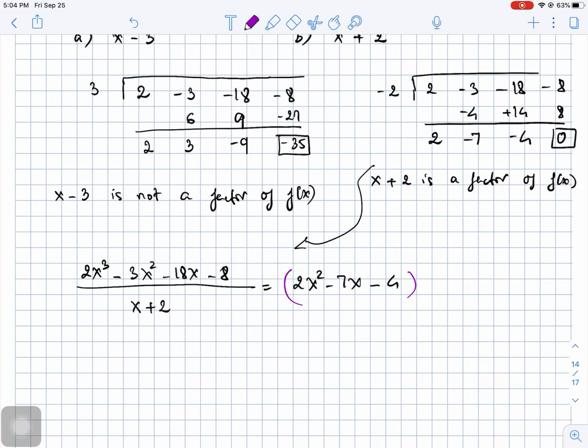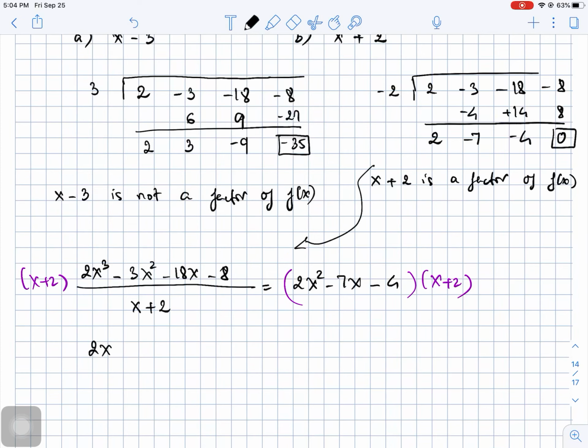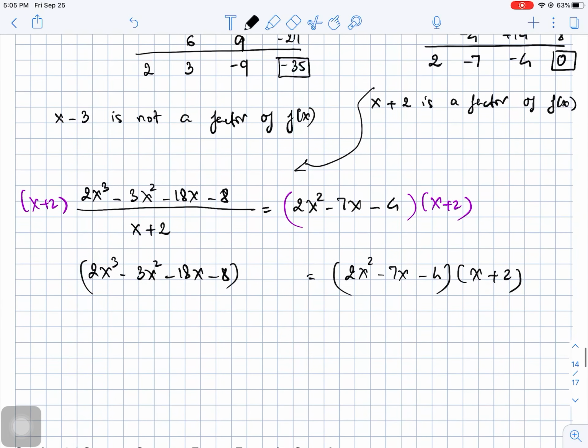Then we can multiply both sides by x plus 2. Then we get 2x cubed minus 3x squared minus 18x minus 8 equals, the x plus 2 cancels out on the right side when divided, so it's equal to 2x squared minus 7x minus 4 times x plus 2.